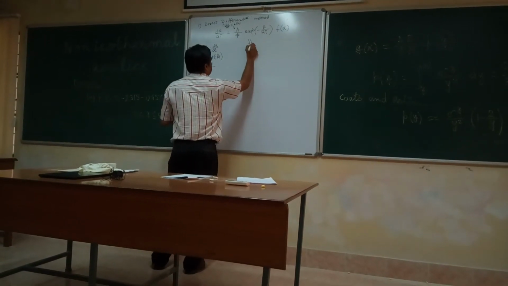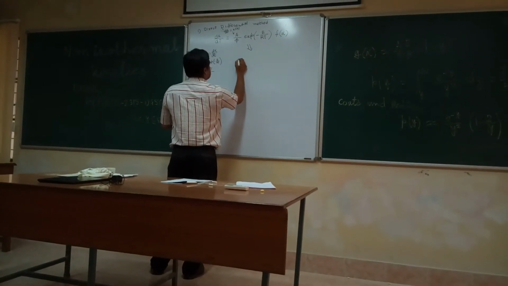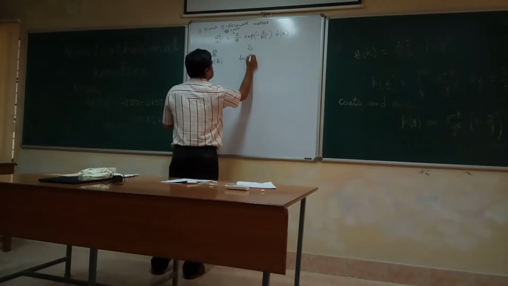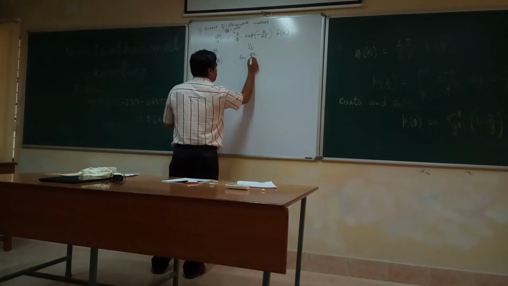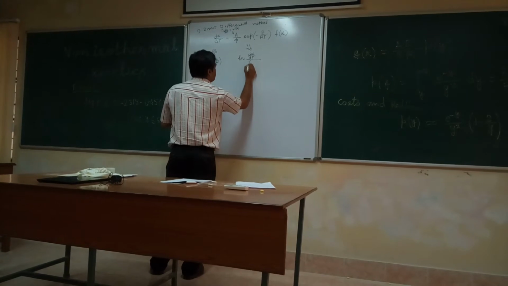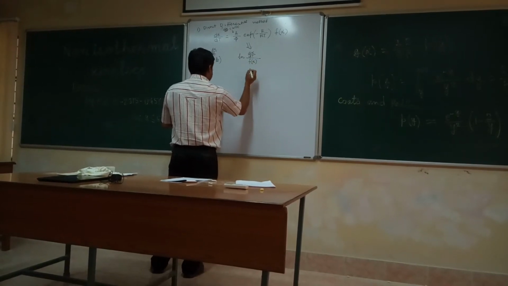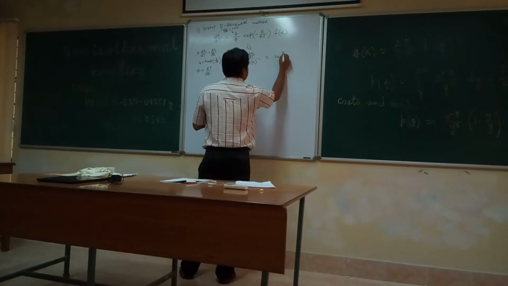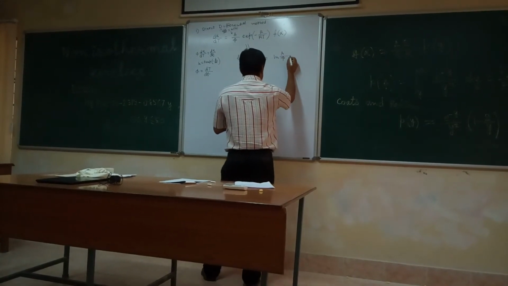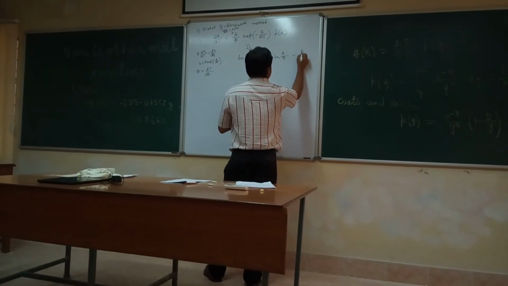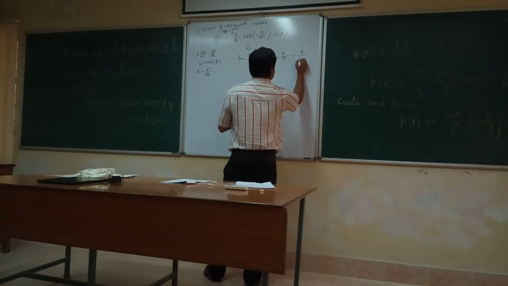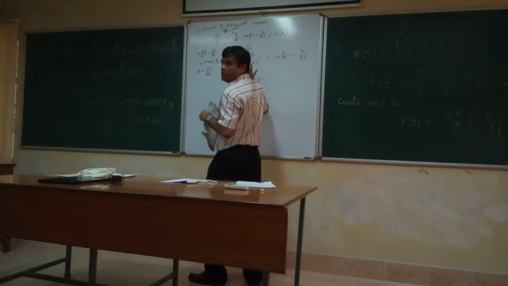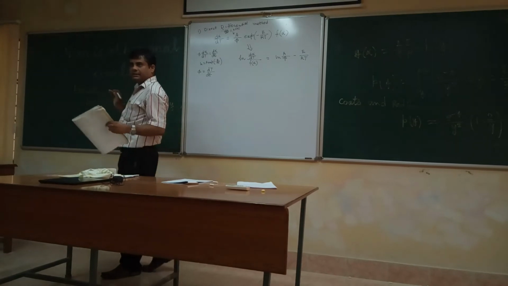So from here we can just take dα/dt over f(α) equal to ln of A over φ minus E over RT. Just rearranging this equation and taking ln, we can write this.